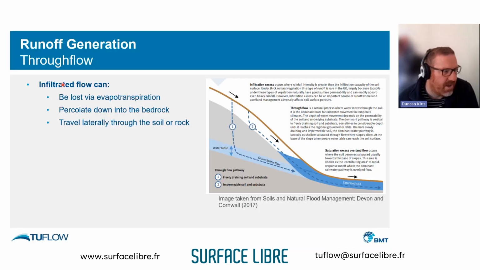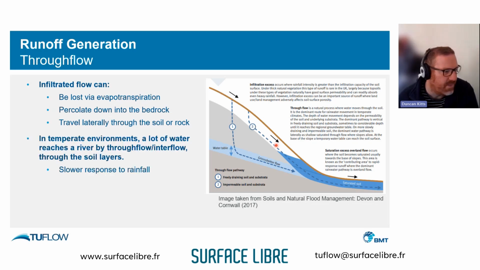That infiltrated flow can be lost via evapotranspiration, it can percolate further down into the bedrock, or it can travel laterally through the soil or through the rock as groundwater flow or interflow. And in temperate environments, that's where a lot of our water reaches a river, through throughflow, interflow through the soil layers, through groundwater flow, and it provides that slower response to rainfall.